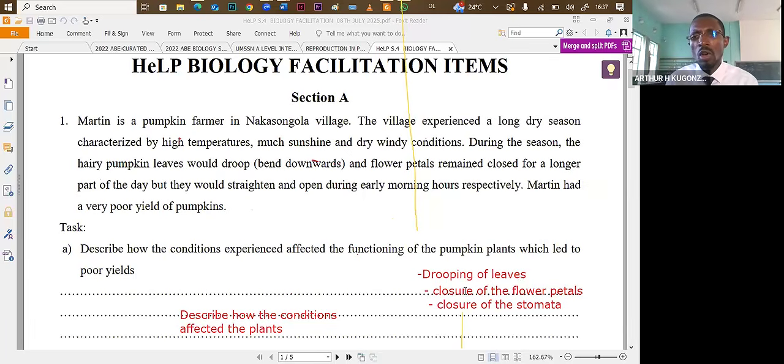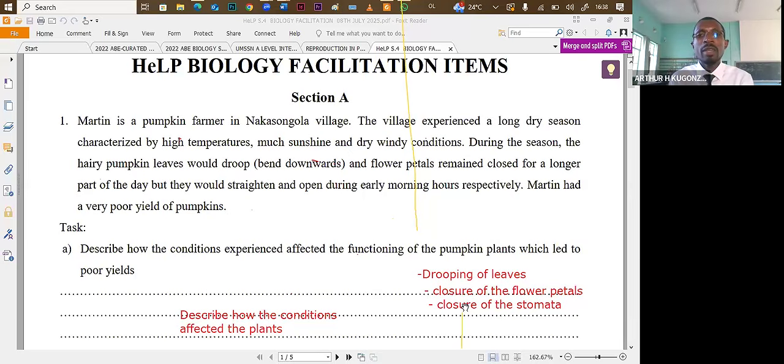How would the closure of the flower petals affect the functioning of the plants? How would the closure of the stomata affect the functioning of the plants? So you have to describe each and every point that you have listed. I'll give you an example of a well-described point. Then I will also task you to develop your points.